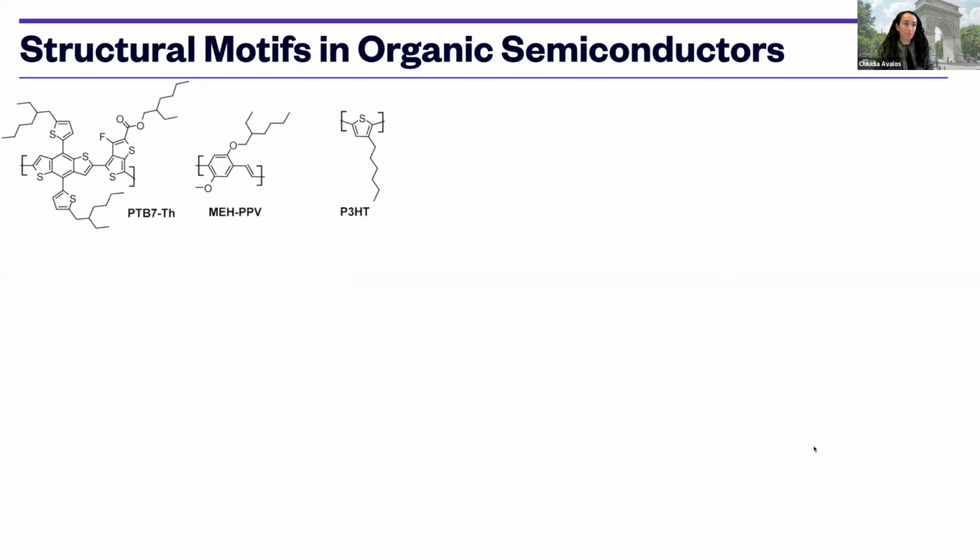Let's talk a little bit more about structural motifs in organic semiconductors. Here I'm taking 3 different types of organic semiconductors. We know the critical factors for having a functional organic solar cell or organic semiconductor are absorption, charge mobilities, charge carrier lifetime, and the density of states across the absorption band.